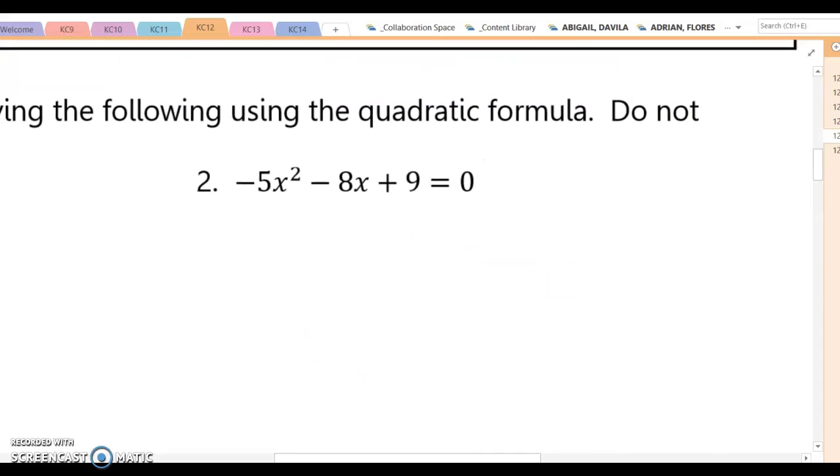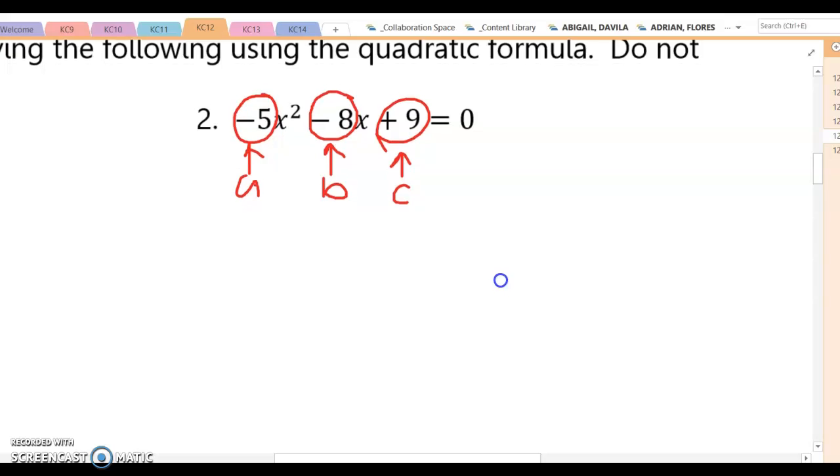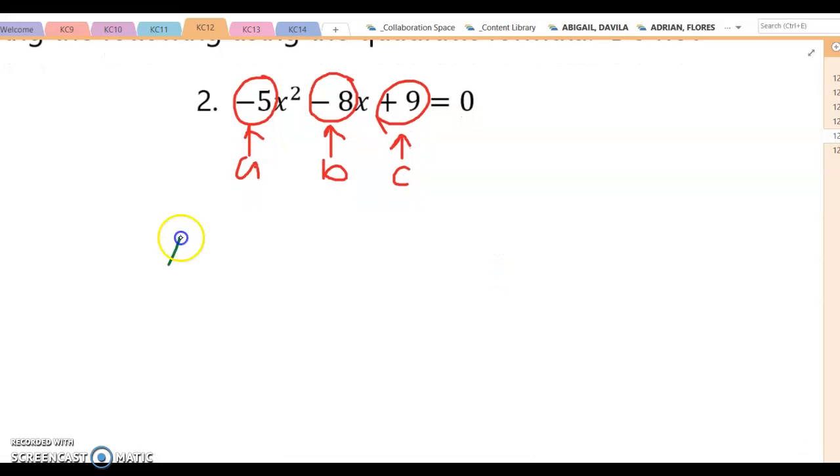So we got a couple more negatives on this one. So a is negative 5, b is negative 8, and c is a positive 9. So let's go through and plug it into our formula. So x equals negative b. So it's already negative, so now it's going to be a positive 8.